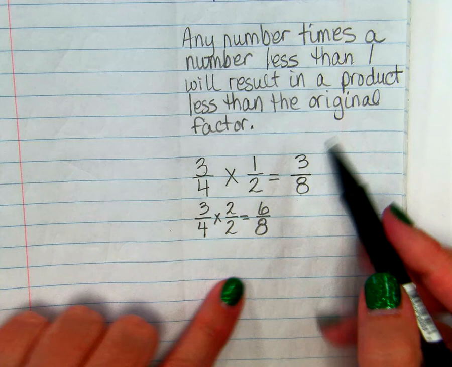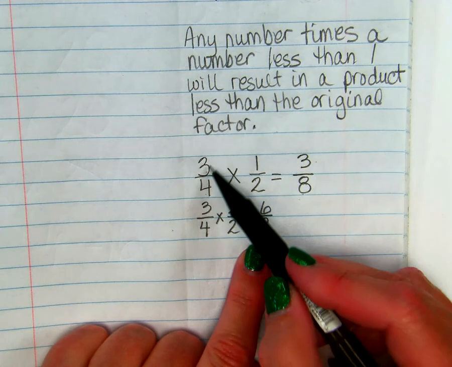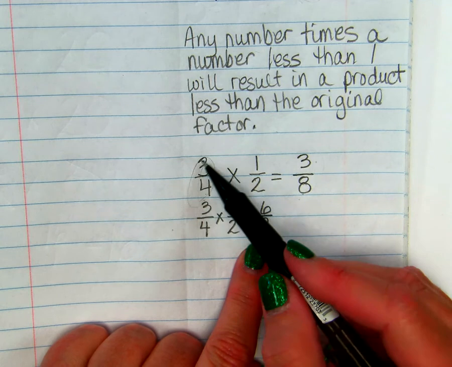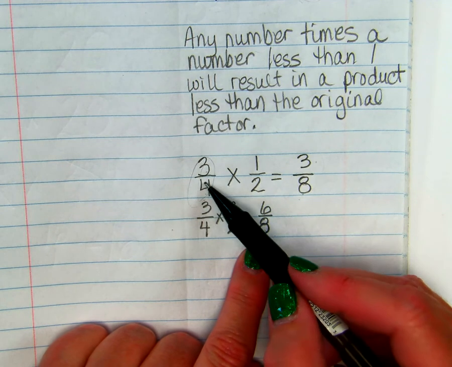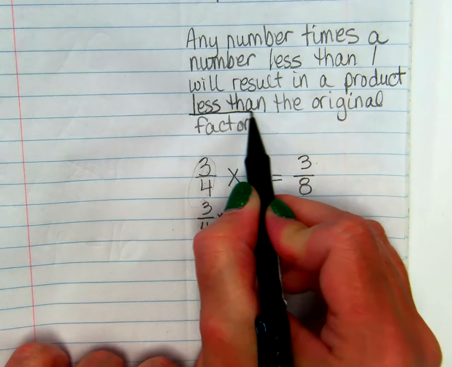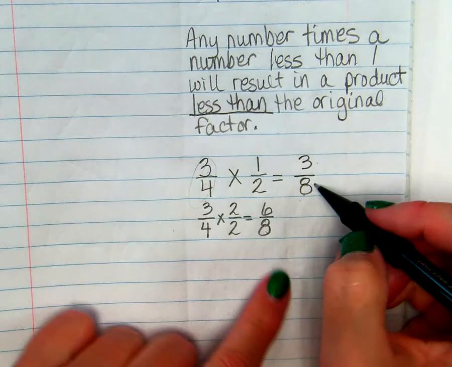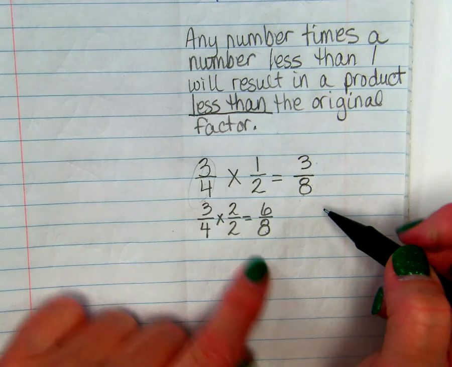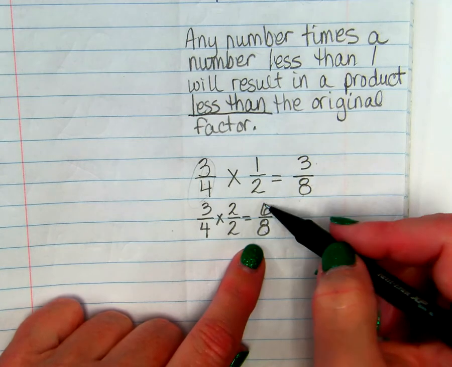That is an equivalent fraction to 3/4, right? I'm comparing my product to my factor. Is 3/8 less than 3/4? Yes, it is, because 3/4 is equivalent to 6/8.